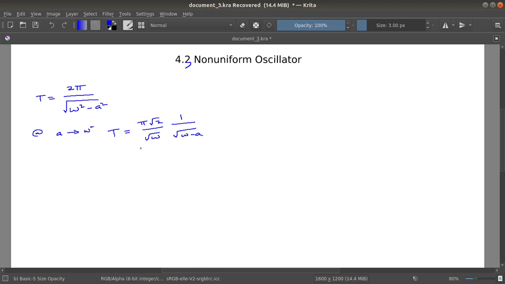This is known as the square root scaling law, and in this video we will see why it's called a square root scaling law.